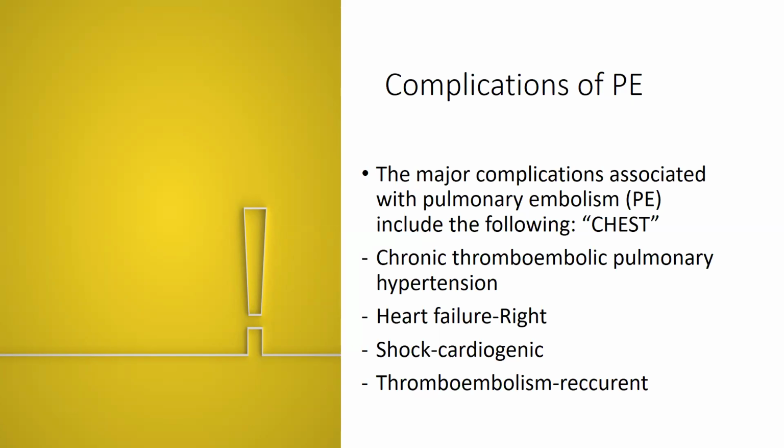That is the first C there. You can have heart failure resulting from it. That is the H. Then shock. Patient can have cardiogenic shock, and once a patient has developed DVT, especially patients who have hypercoagulable states, they can have recurrent thromboembolism. So these are some of the complications.